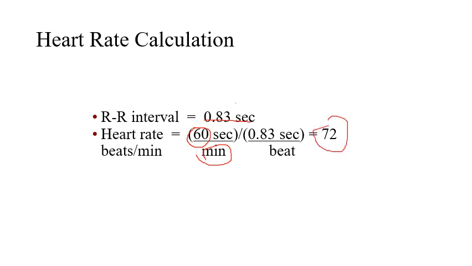One beat lasts 0.83 seconds. So this is beats per minute: 72 beats per minute, and this is the normal heart rate.